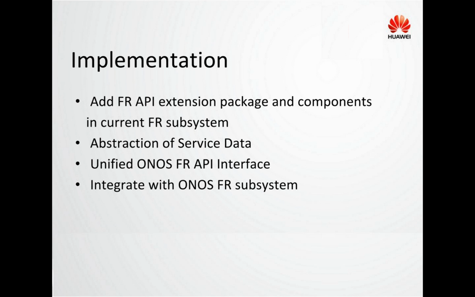Okay, the ground implementation is that we add a flow rule API extension package to the ground ONOS flow rule API, and also add some control modules to the subsystem.